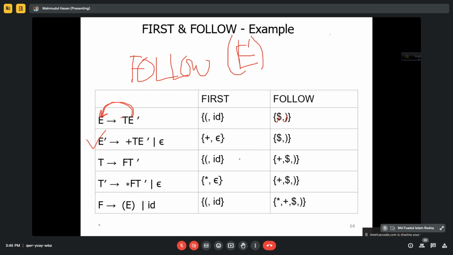Is it? We already calculated the follow of E. Yes, it is dollar and closing first bracket. So you need to write dollar and first bracket, because now the follow of E dash is equal to follow of E. That's why we write the same thing. Okay.